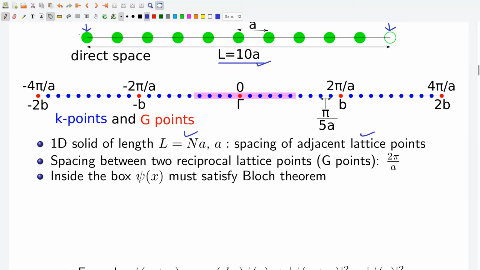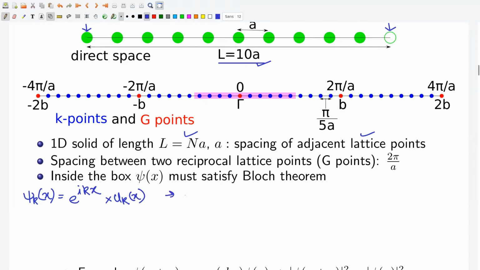Since we have a lattice, we are dealing with electrons in a periodic potential, and eigenstates of the time-independent Schrödinger equation must satisfy Bloch theorem. Thus, the eigenstates are psi k of x equals e power i k x, which is a plane wave with wave vector k, times some function u k of x, and this function has the periodicity of the direct lattice.